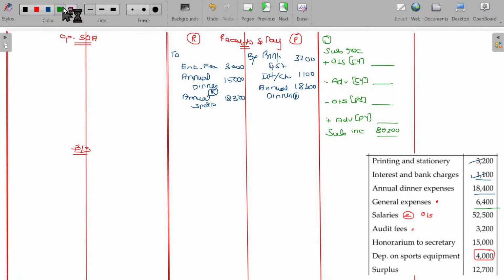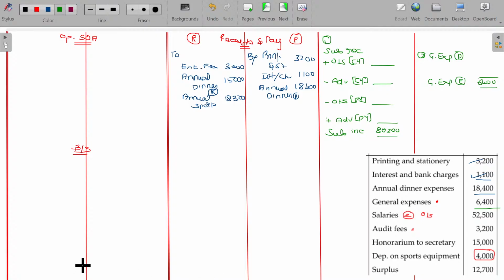General expenses paid, general expenses being actual expenses. Now this 6,400 should be the actual expenses, not the payment. Is that okay? Because we are taking from the income and expenditure account, it's nothing but income and expenditure only, not the receipts and payment. Don't get confused.